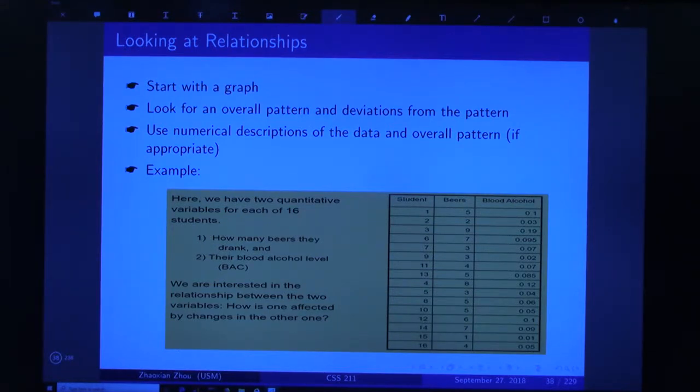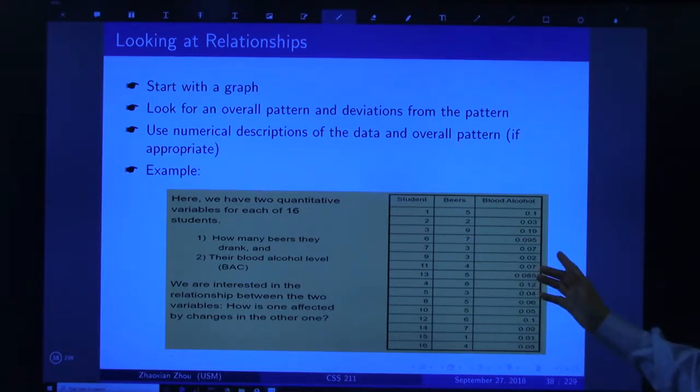And today we are going to discuss the new scatter plot. Once we get this, we are looking for the overall pattern and the deviation from the pattern. We can use numerical descriptions of the data, for example, the mean, the standard deviation, and also the overall pattern, whether symmetric or left or right-skewed.